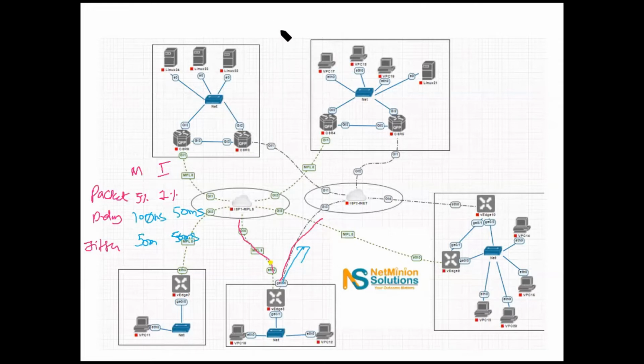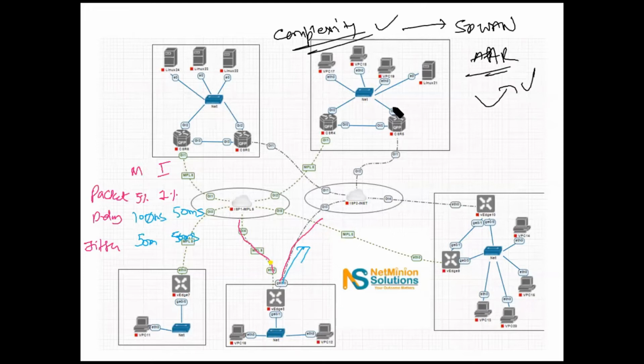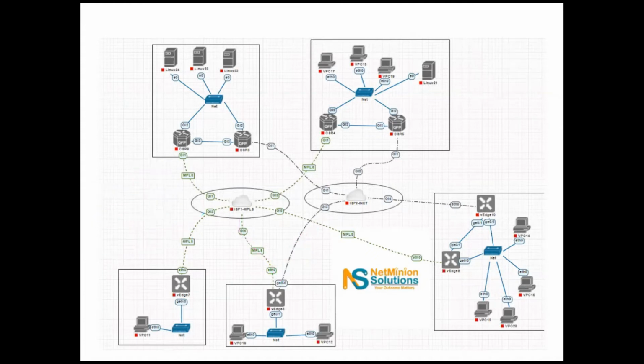Earlier there was so much complexity with respect to the configuration, but in SD-WAN, when we need to configure AAR, it is very simple. You should only be aware of the concept. The rest of the things will work automatically on their own. We need not make any changes on our own.